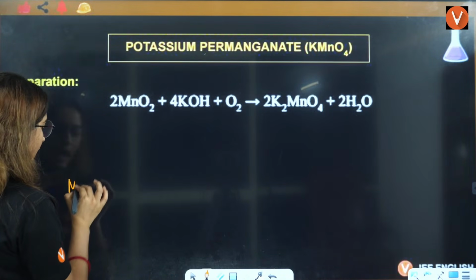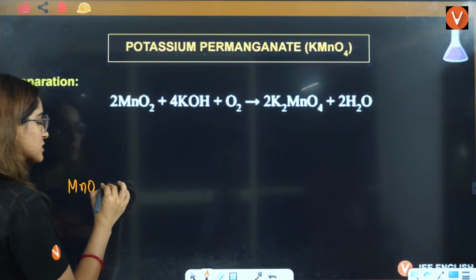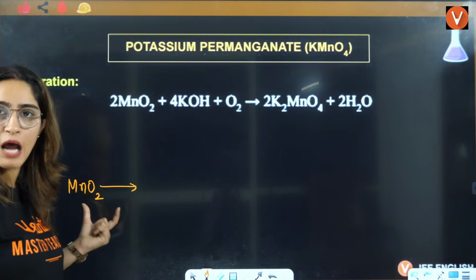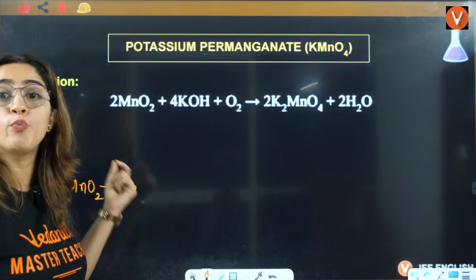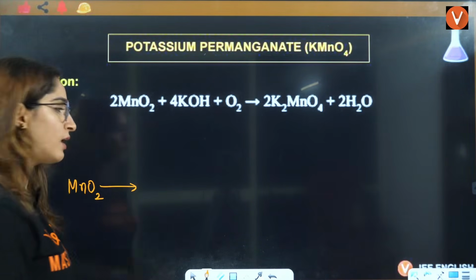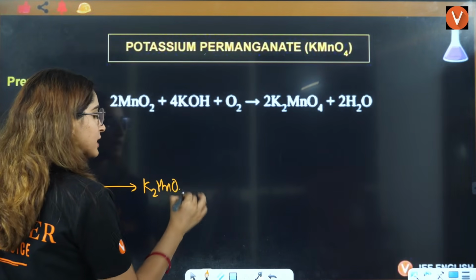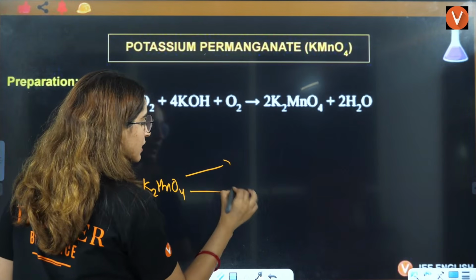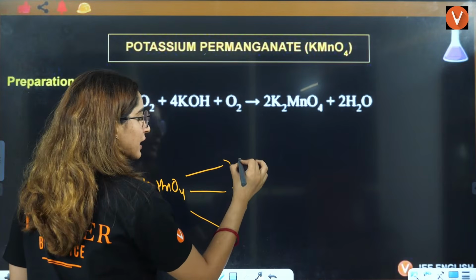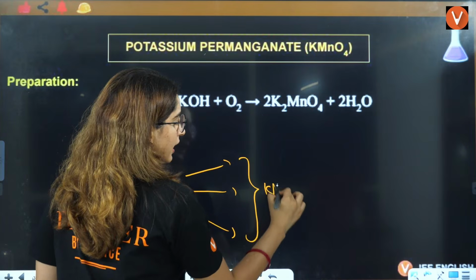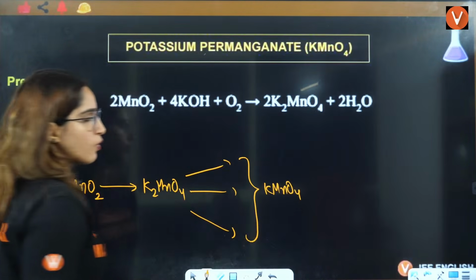Firstly, MnO₂, that is the pyrolusite ore, will be converted to manganate. From black brownish, it will be converted to manganate, that is green in color, K₂MnO₄. After this, there are various ways of converting it into permanganate, that is KMnO₄. Okay, understood?